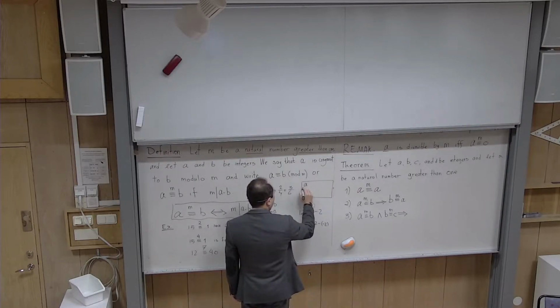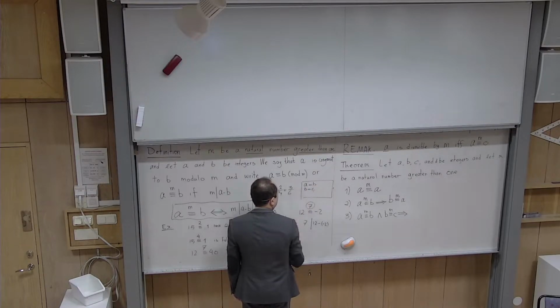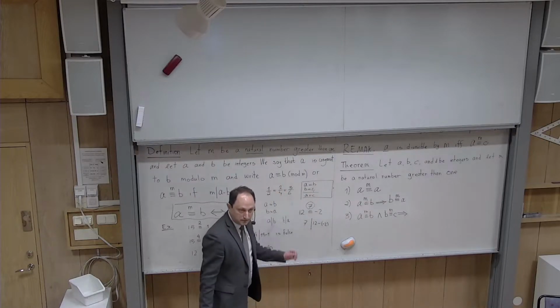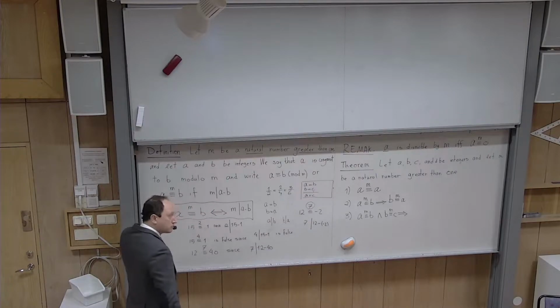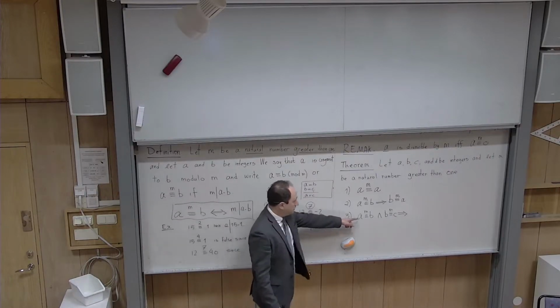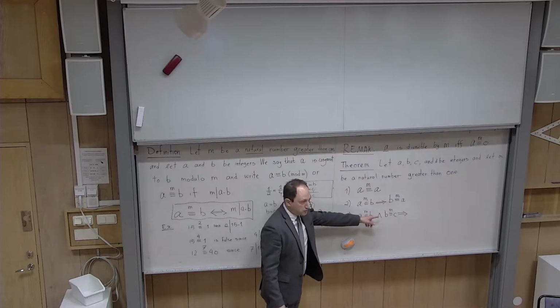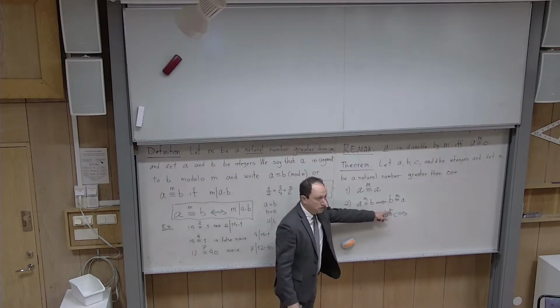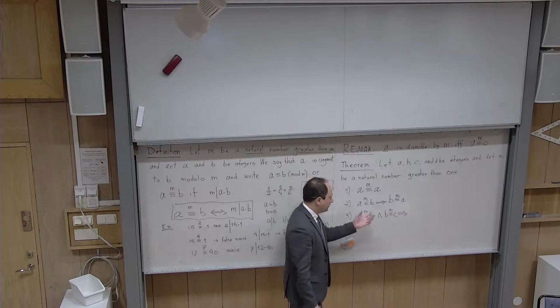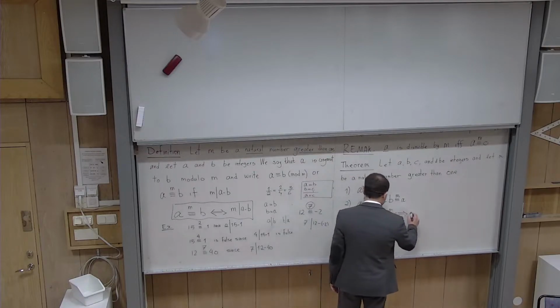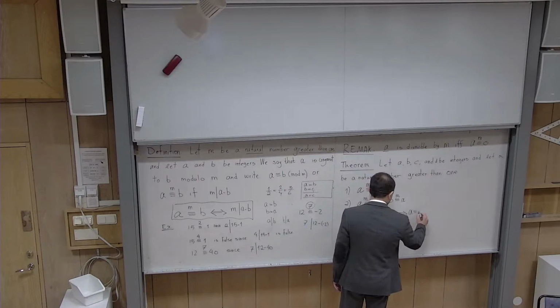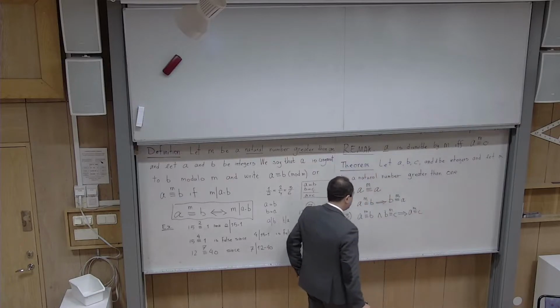If a number A is equal to number B, which itself is equal to number C, what can you conclude? You can conclude that A is also equal to C. So that is also true in congruency. Yes, if A is congruent to B, B itself is congruent to C, but be careful, I am keeping the modules the same. Then you can conclude that A is congruent to C in the same module.